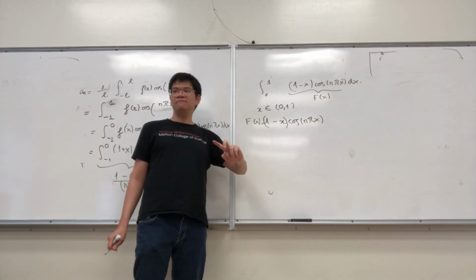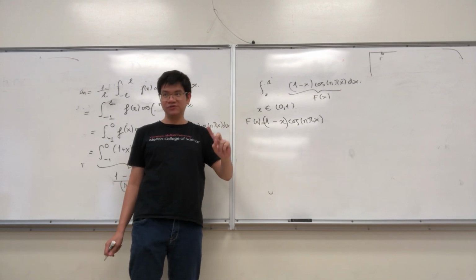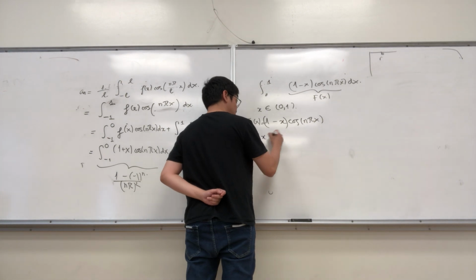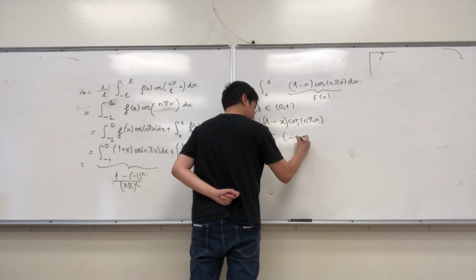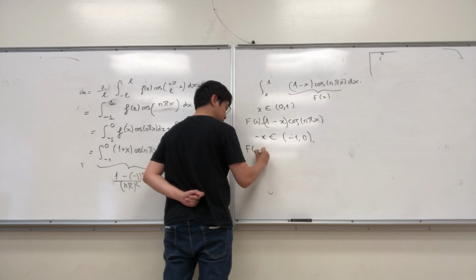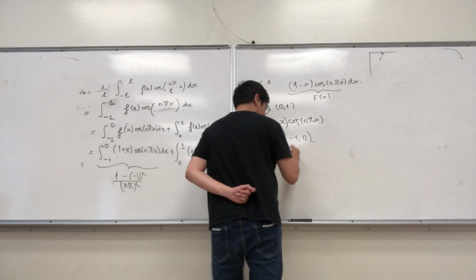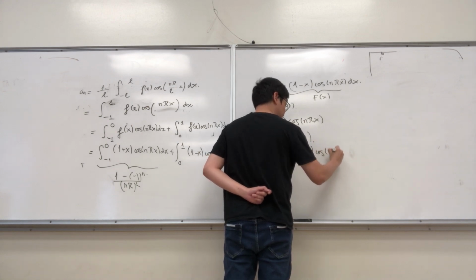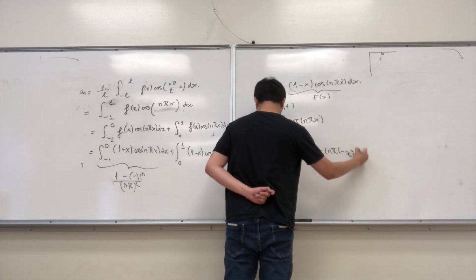Right? So let us check if this is an even function. So f of minus x will be from -1 to 0. So f of minus x will be 1 minus x cosine of n pi of minus x.